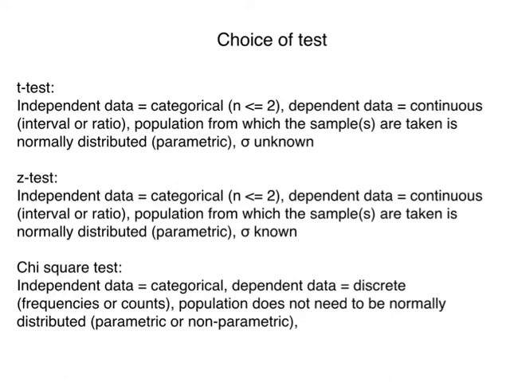We also assume that for a t-test that the population from which the samples are taken, that this shows more or less a normal distribution. So that is also called parametric, because it is a normal distribution. And we measure the parameters of the population. And the t-test we would use when the sample standard deviation or sample variance is not known.